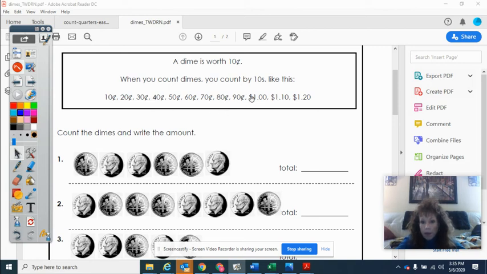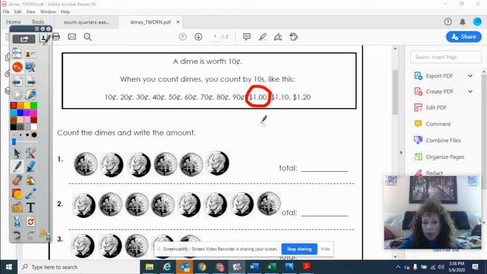But down here, when we get into dollars, they use a dollar sign. When we write cents, we can write it either way, but I'd like for you to write your answers with the dollar sign, like these. Even if it's cents and not any dollars, we can still use a dollar sign.